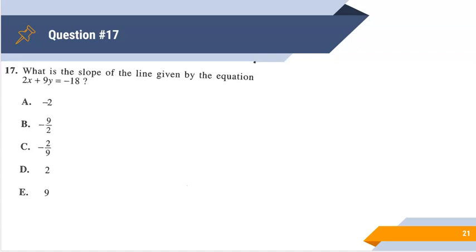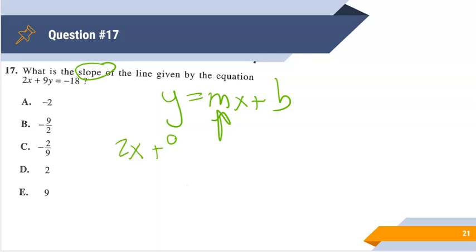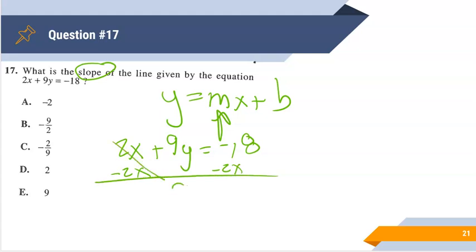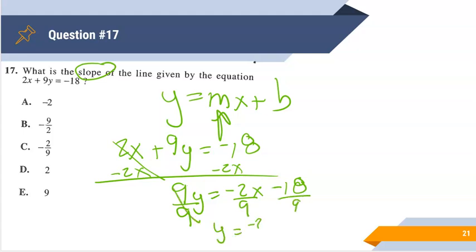Okay, number 17. It asks for what is the slope. So we're trying to remember this format where m is the slope. So if I were to take this equation and solve for y by subtracting 2x first, and then I divide everything by 9, we get y equals negative 2/9 x minus 2.